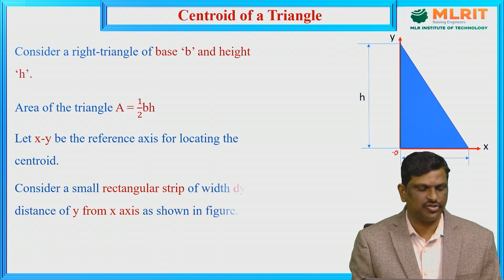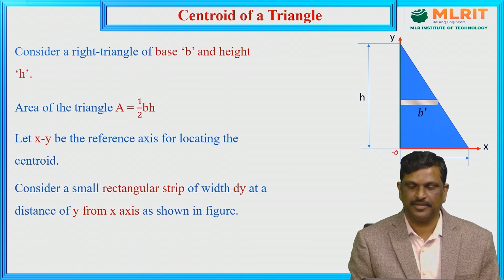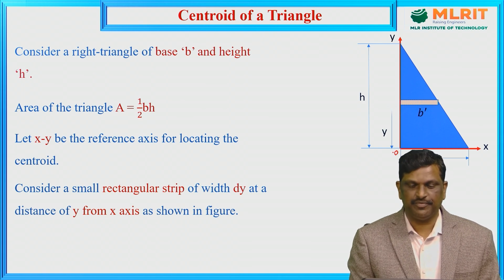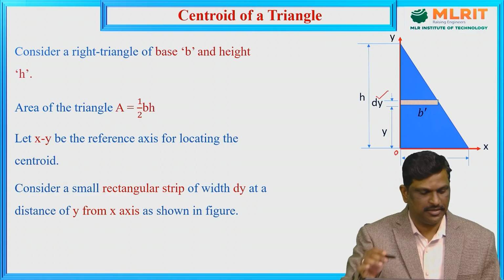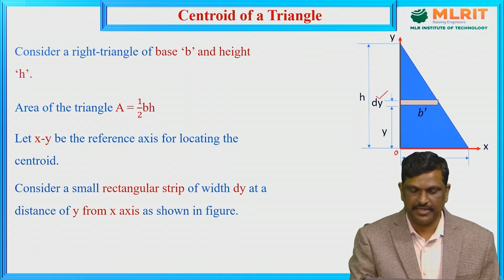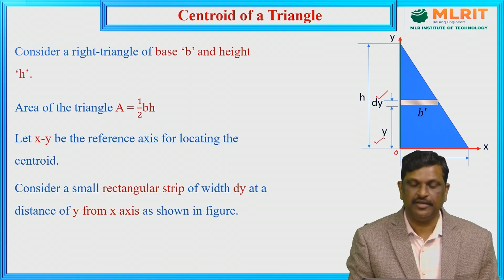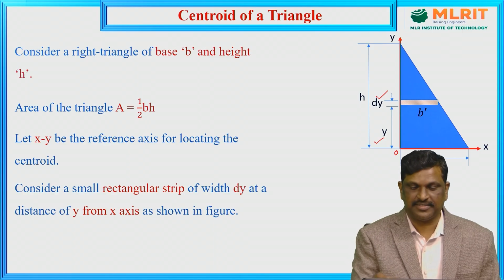Consider a small rectangular strip of width dy at a distance of y from x axis as shown in figure. The strip has width dy and it is at a height of y from x axis.